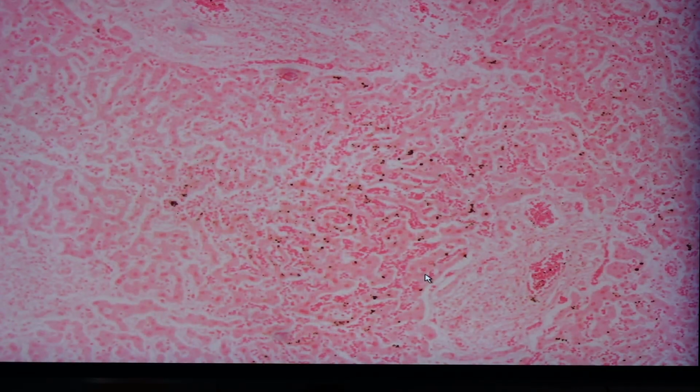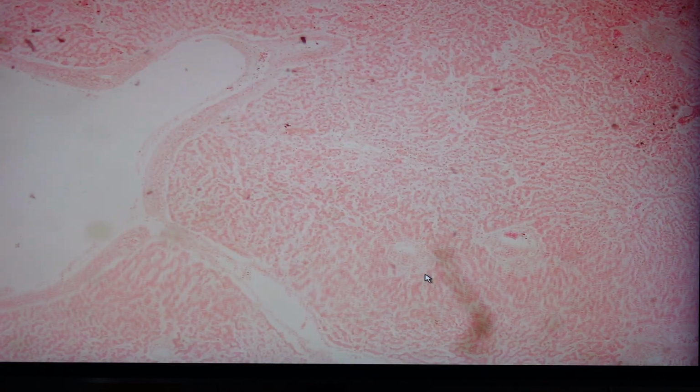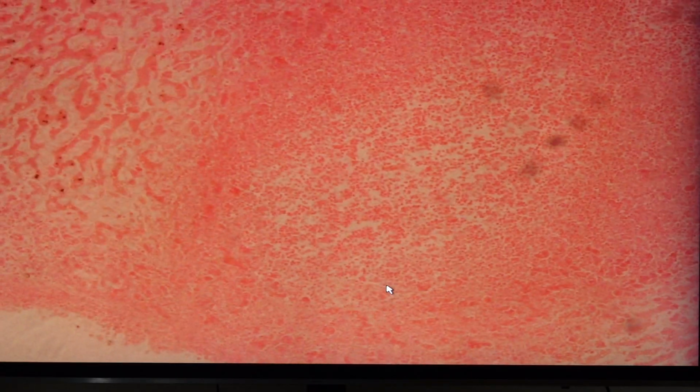And the inflammatory cells are not just limited to the portal tract. In this case, you also have them in the parenchyma. So the inflammatory cells here are surrounded by necrotic debris. Okay. So this would be hepatic abscess.